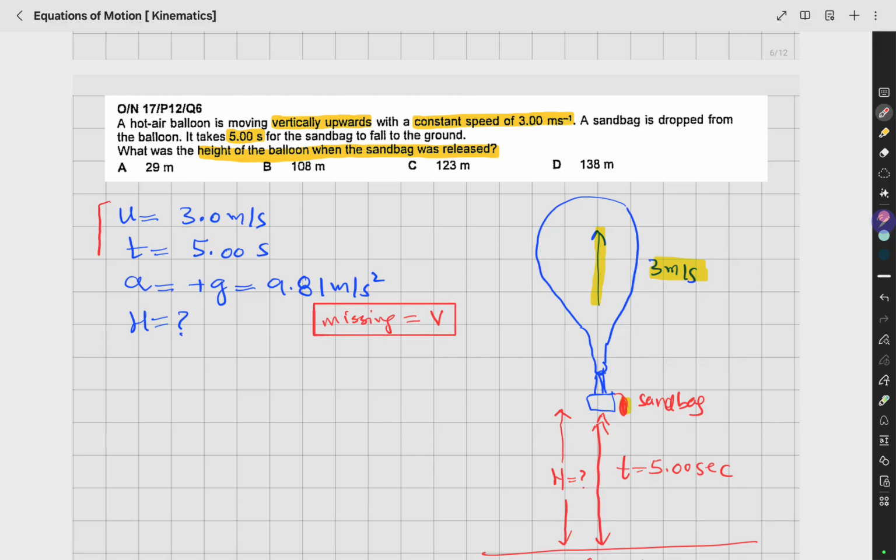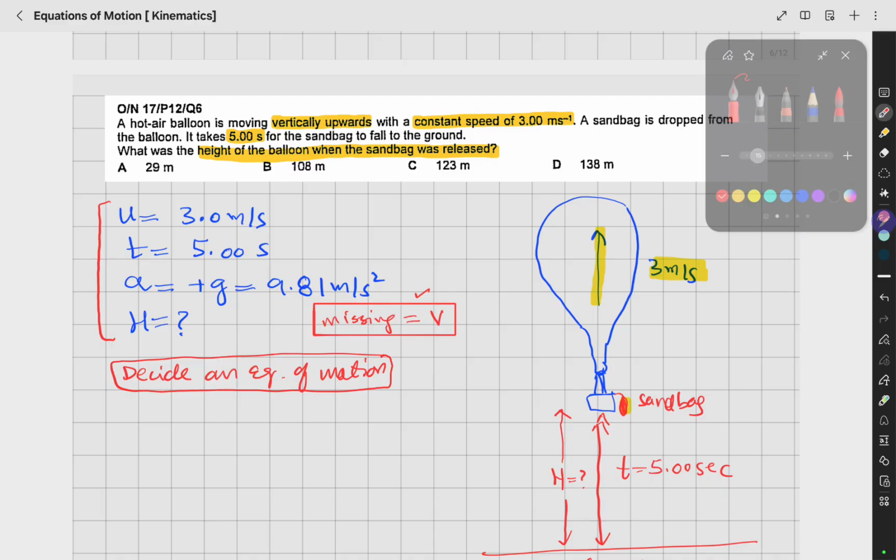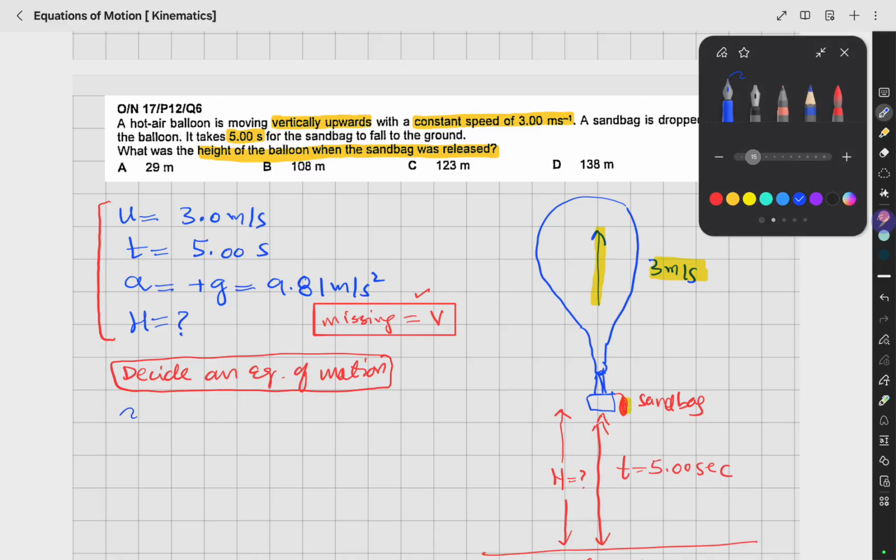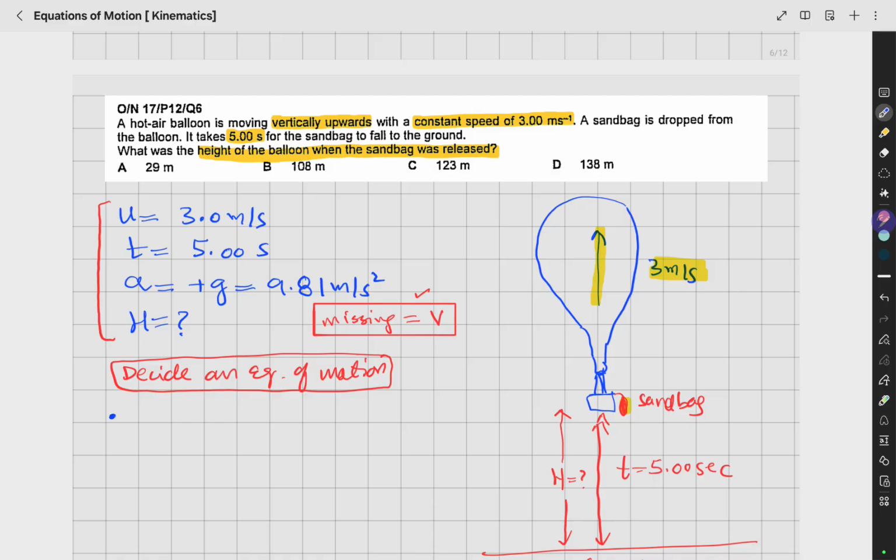Based on this data and the missing quantity, you will decide an equation of motion. So now, which equation will you decide? Tell me. Yeah, that's fine. I can't hear you, but I can read your mind. You're thinking in the correct way.